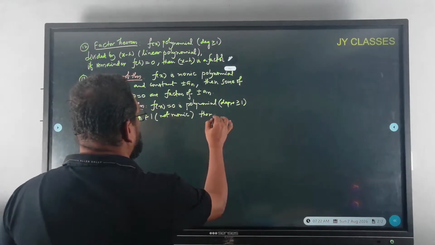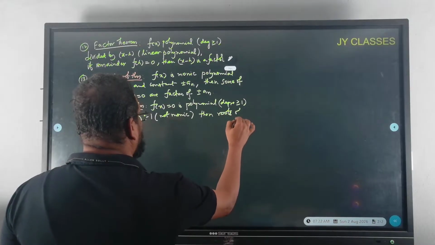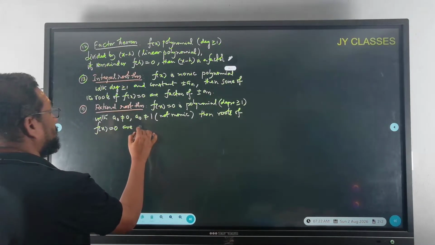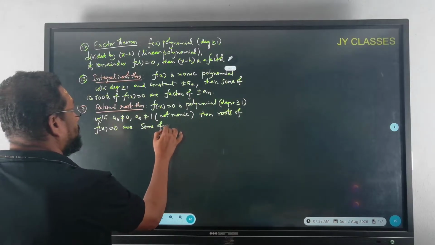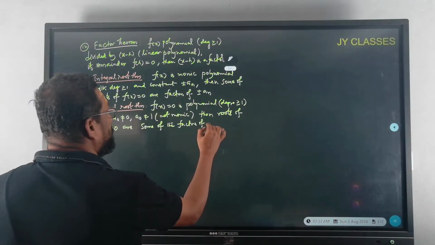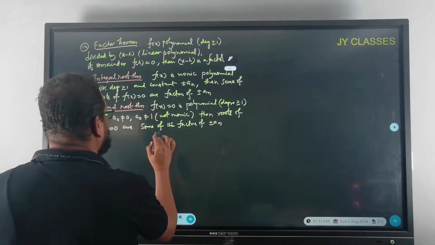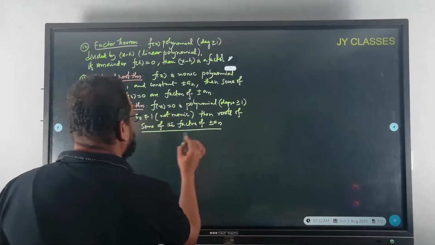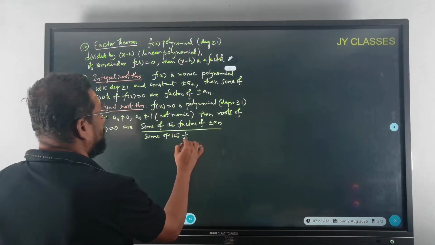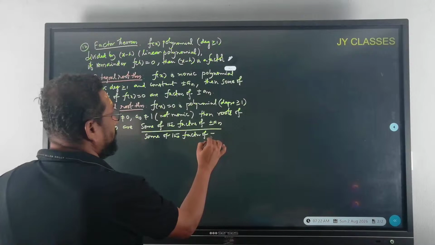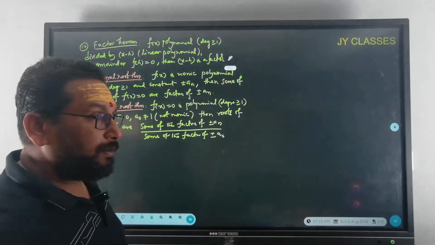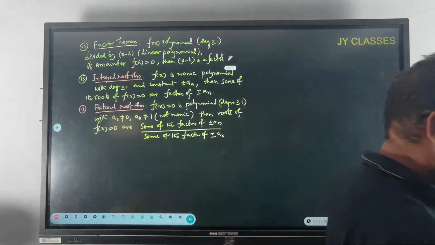Then the roots of f of x equal to 0 are factors of plus or minus an by factors of plus or minus a naught. This is rational root theorem. Okay.